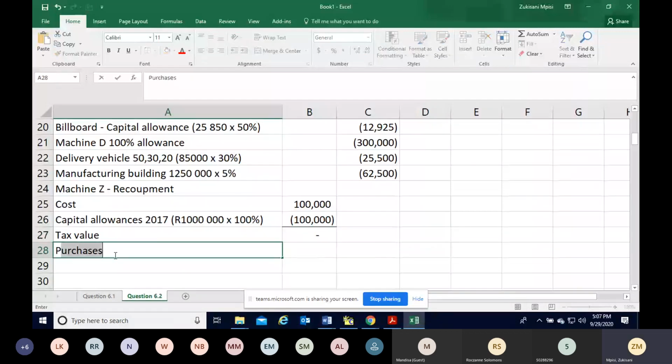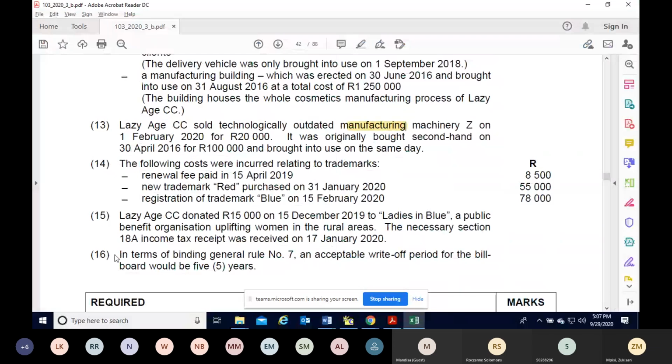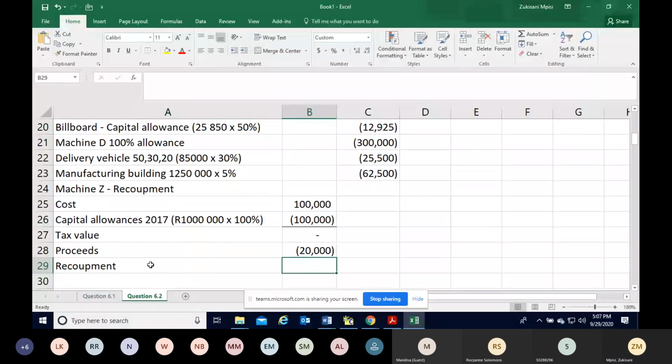And your proceeds, how much? 20,000. And therefore your recoupment is 20,000.